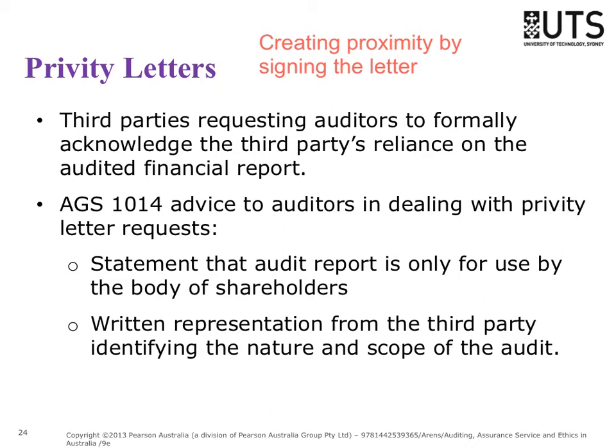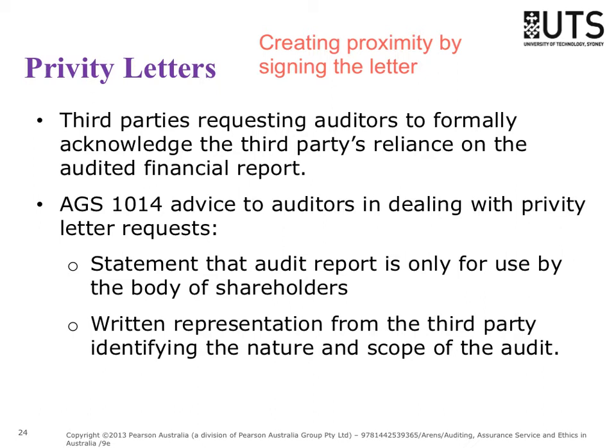Because the auditor is exposed to the government through ASIC, it's exposed to shareholders through the tort of negligence, it's exposed to management via the contract that we sign. If we expose ourselves to more liability by saying, okay, now we could be liable to lenders or buyers or other third parties, is that going to make the auditor's job easier or more difficult?